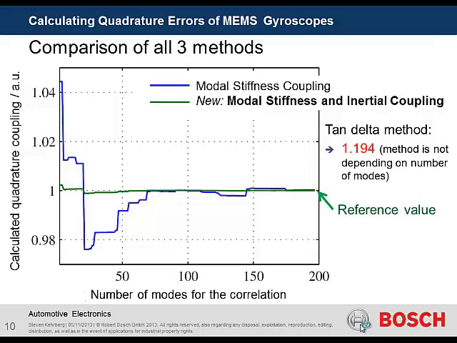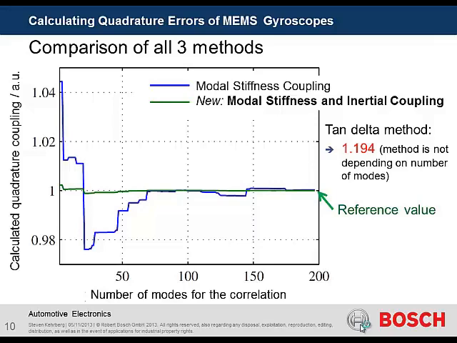So that is the point, that these quadrature effects cannot be measured so exactly, because for measurements we would need the perfect misalignment of the sidewalls, and that is not easy to find out, because even with scanning electron microscope measurements, we have just a nanometer range resolution, and that is not sufficient for calculating really exact values. But in this way, we have 3 different methods, and all methods show nearly the same results, and therefore we are quite sure that we are on the right way.